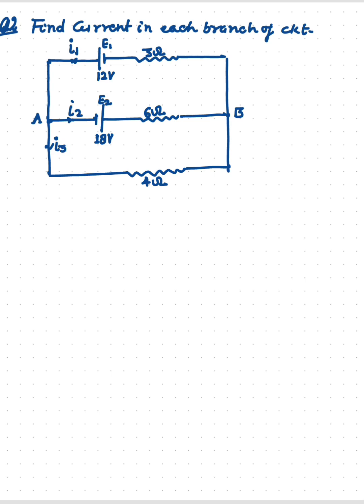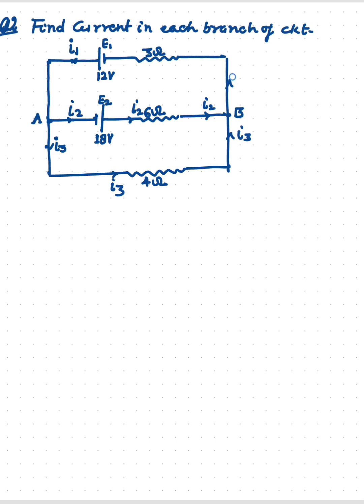You can also assume that I1 current is flowing in this direction, and I2 current going in either this direction or that direction, no problem. I simply assume from battery E1, I1 current starts flowing. At junction A, it is dividing into parts I2 and I3. So in this resistance the current will be I2, and in this resistance the current will be I3. At junction B, I3 is reaching from here and I2 is reaching from here, so they combine at junction B and flow together.